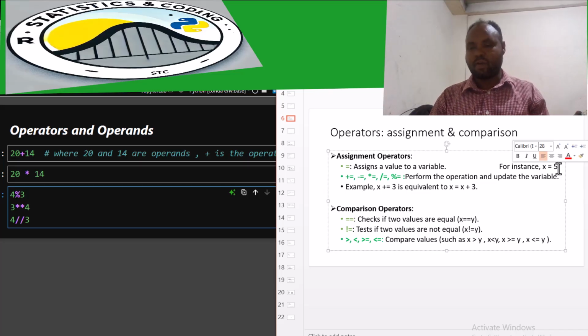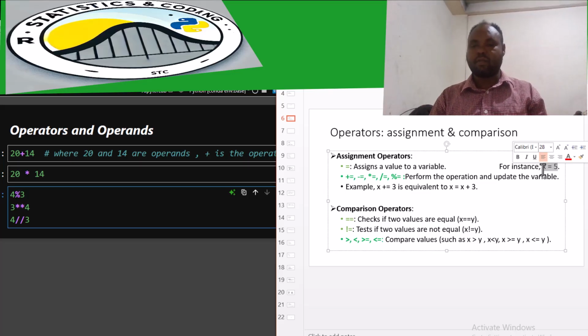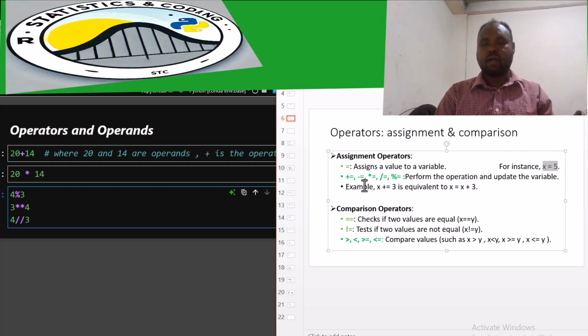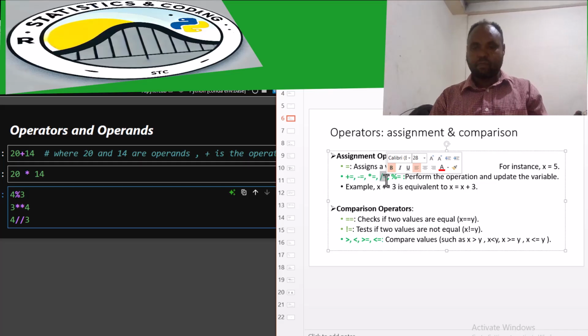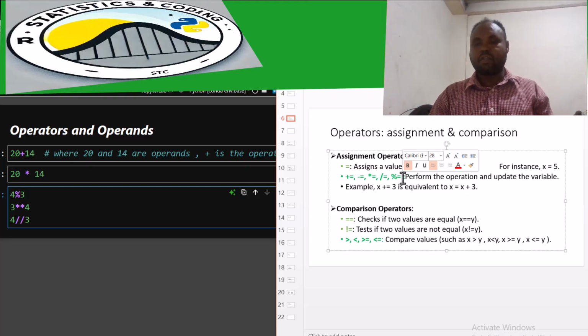So this example is called an assignment statement, due to the assignment token. The others are plus equals, minus equals, multiplication with equals, division with equals, and modulus with equals. These are all assignment operators, which perform the operation and update the variable.